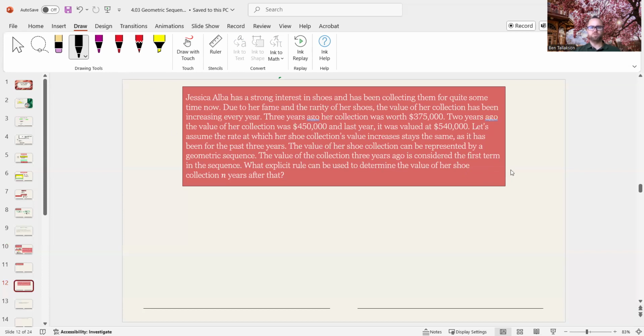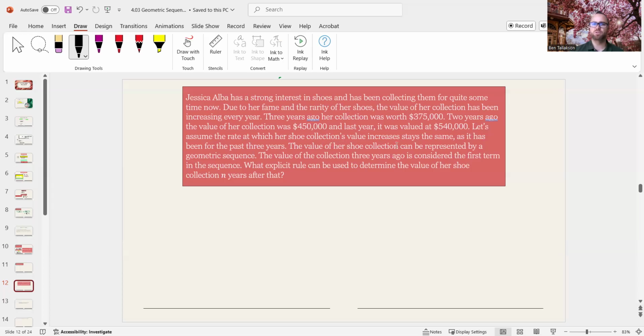Due to her fame and the rarity of her shoes, the value of her collection has been increasing every year. 3 years ago, her collection was worth $375,000. 2 years ago, the value of her collection was $450,000, and last year it was valued at $540,000. Talk about appreciation. Let's assume the rate at which her shoe collection's value increases stays the same, as it has been for the past 3 years.